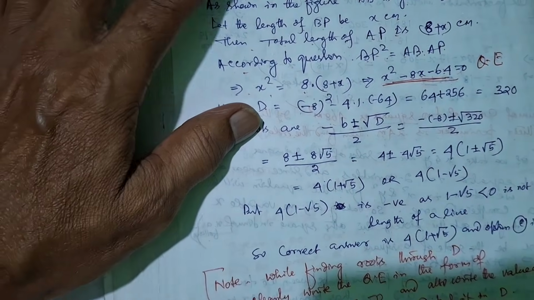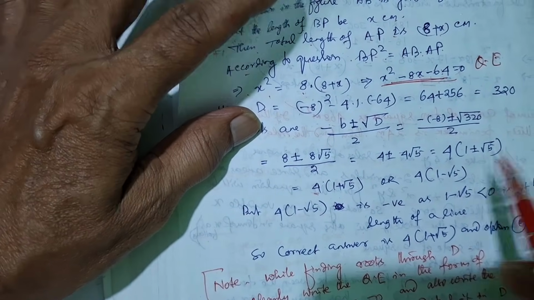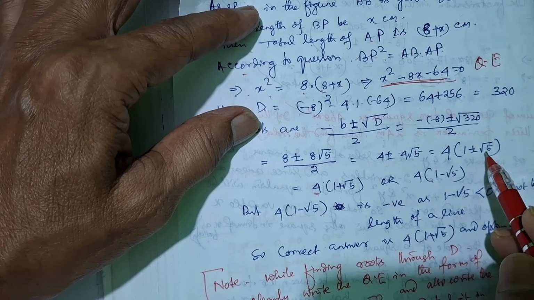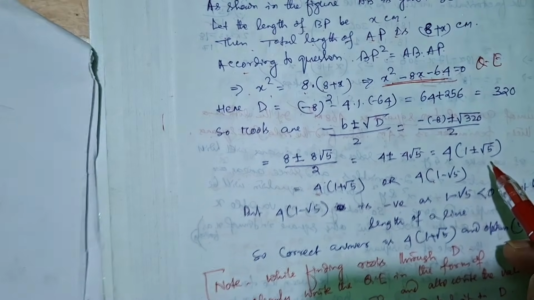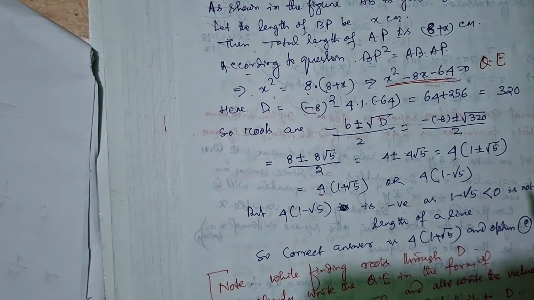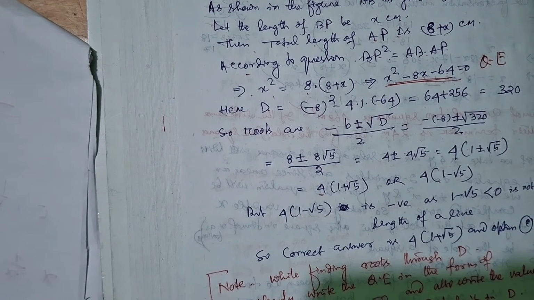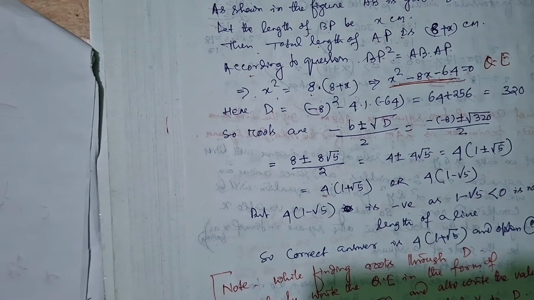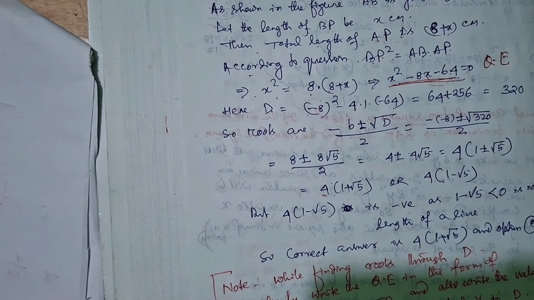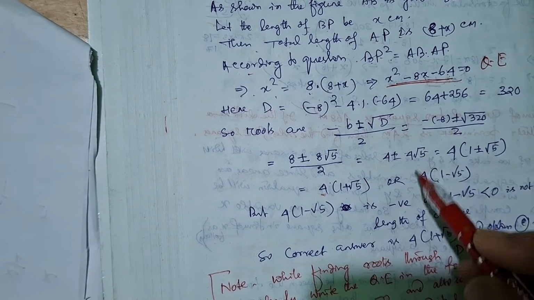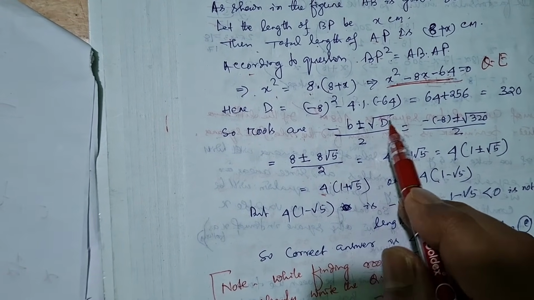Do it in rough, because you will not get it factorized easily, since the roots are irrational. Factorization with irrational factors is very difficult and takes much more time, so just apply your D formula and find the result.